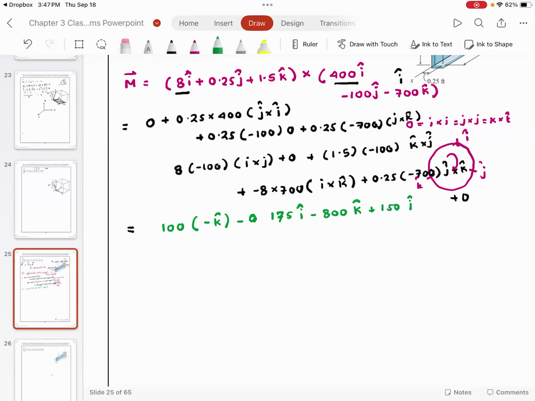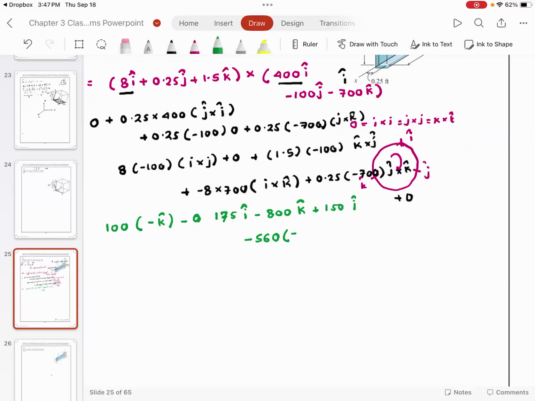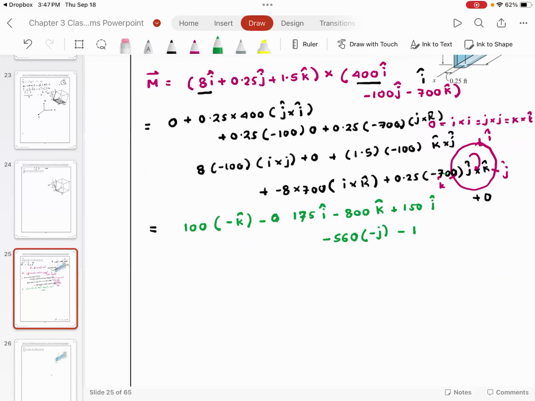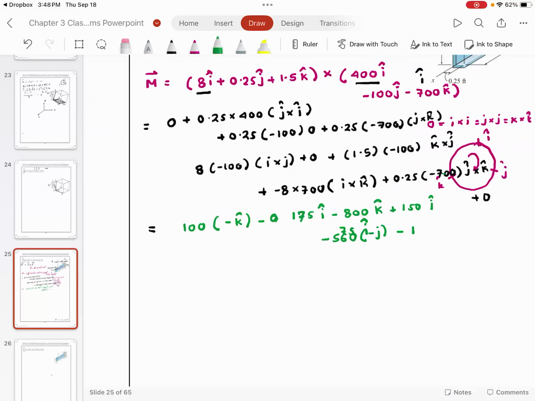The minus i cancels, and then you get minus 560. i cross k is minus j, and minus 175. j cross k is i. So you have to collect all the i's and all the j's. Everyone understood this?